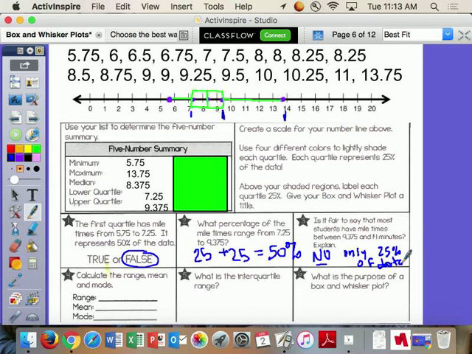For now, we're going to skip the range, mean, and mode. The interquartile range basically means from the upper to the lower. So if you take your upper, which is 9.375, and you subtract your lower, which is 9.25, what do you get?